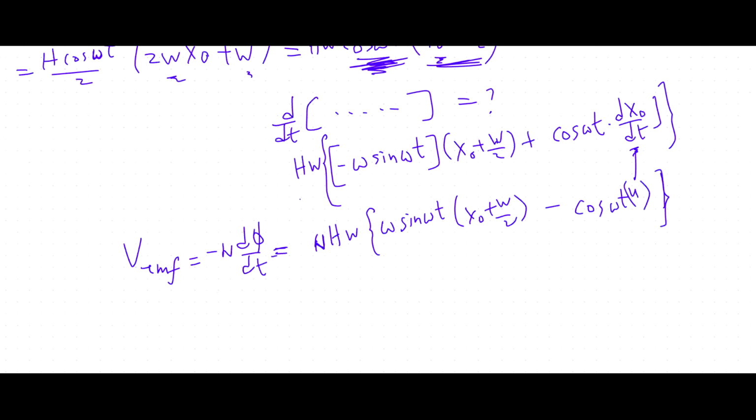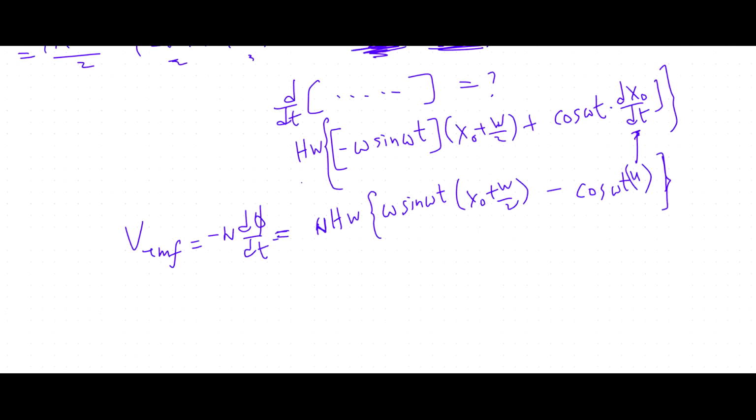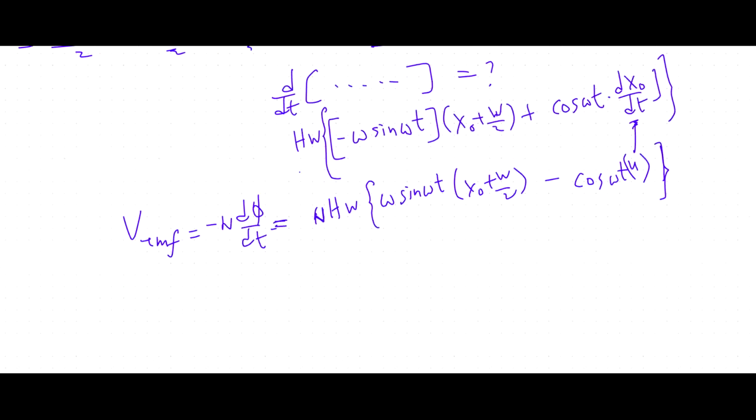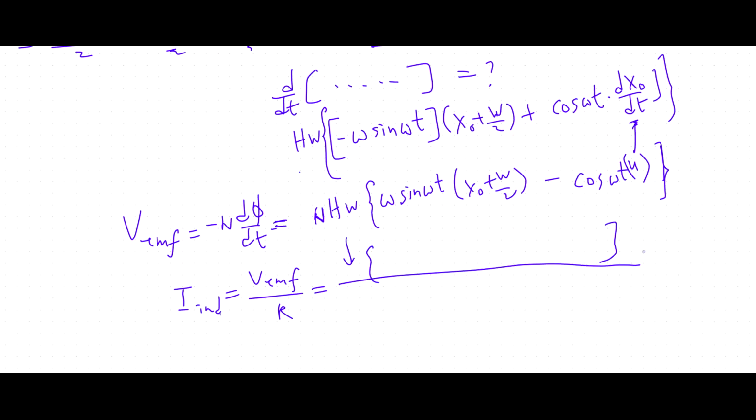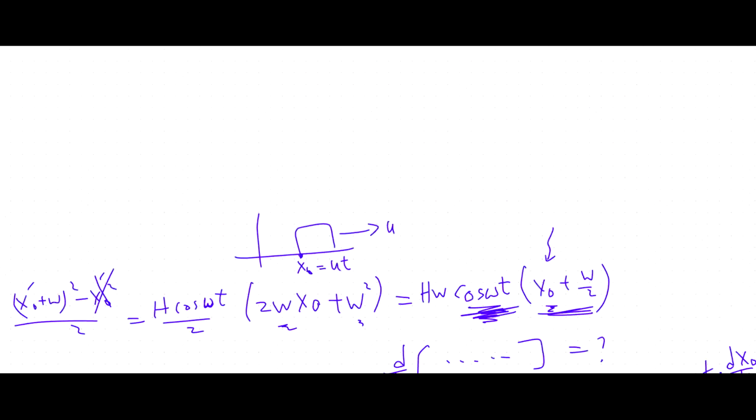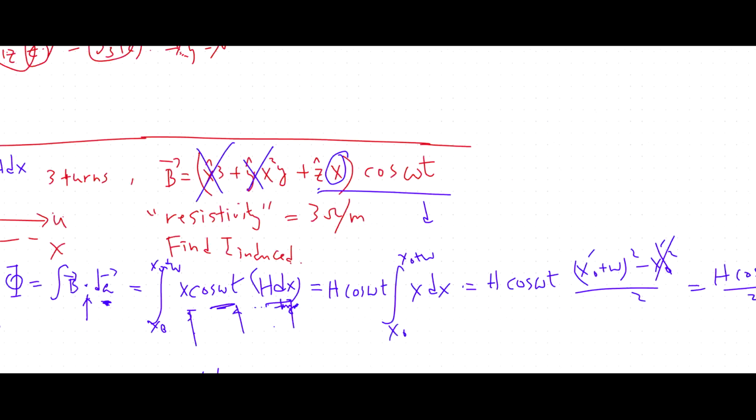So to find the current, the induced current, of course, is this EMF divided by the resistance. So I'm not going to rewrite this. This is just my voltage, EMF. What is my resistance? Let's go back to the problem. The resistivity is 3 ohms per meter.